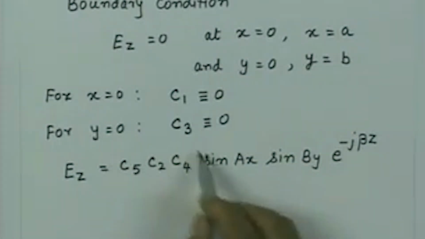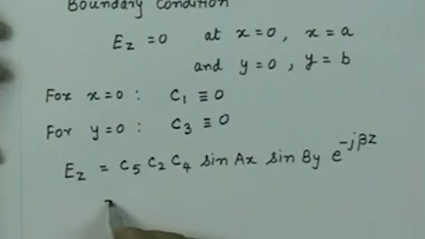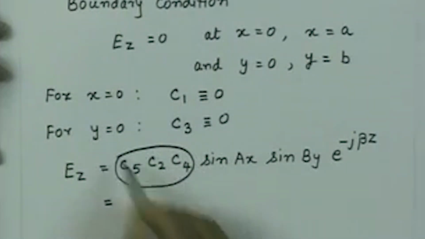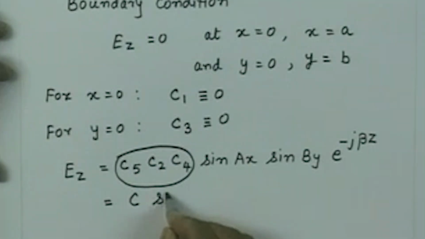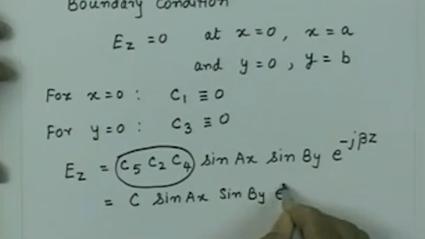Now, these are the arbitrary constants. So, we just combine this into one, which is just telling me the amplitude. So, I can say, combining all this together, let me call this quantity some c, into sin of Ax, sin of By e to the power minus j beta z.